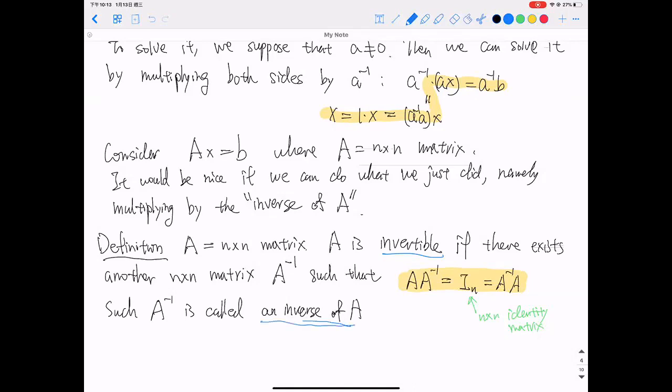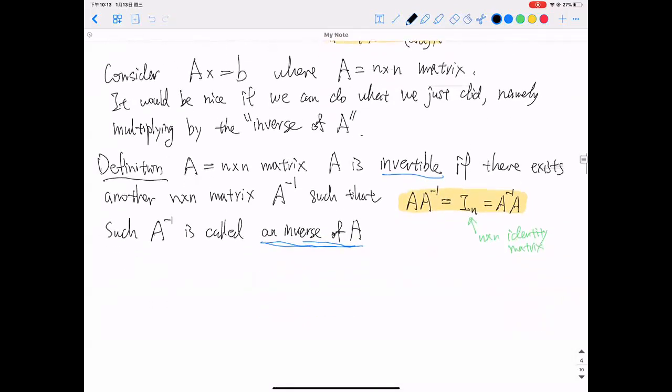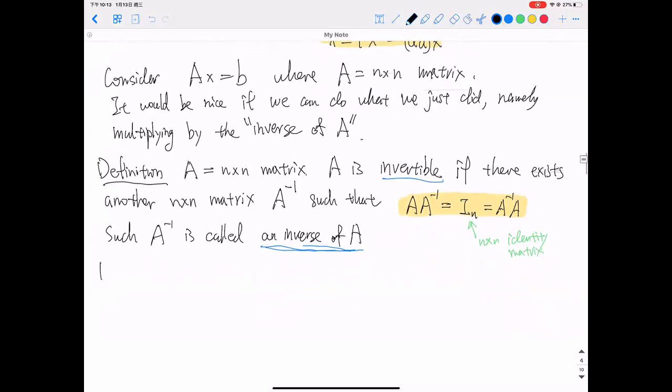Okay. Now, the first remark, which is more or less simple, is that if A is invertible, then its inverse is unique.